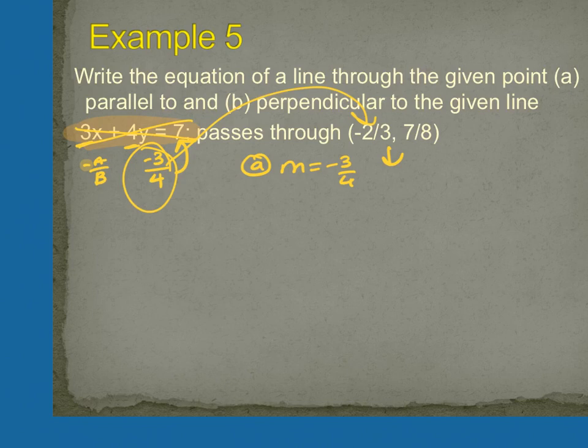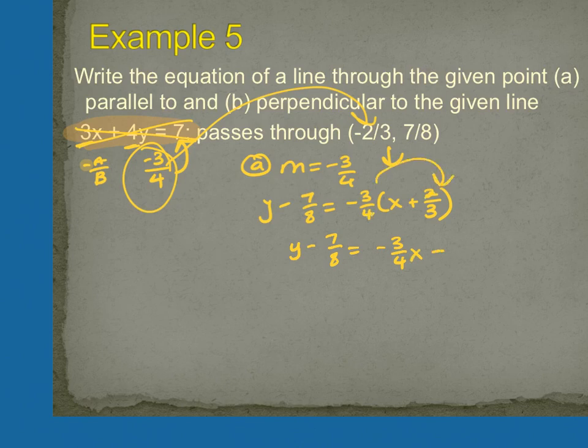And then my point is negative 2/3 and 7/8, and I'm going to plug it into point-slope. So y minus 7/8 equals negative 3/4 times x minus a negative 2/3, which becomes plus 2/3. Got lots of fractions in here. Super fun. Y minus 7/8 equals negative 3/4 x minus this times this.